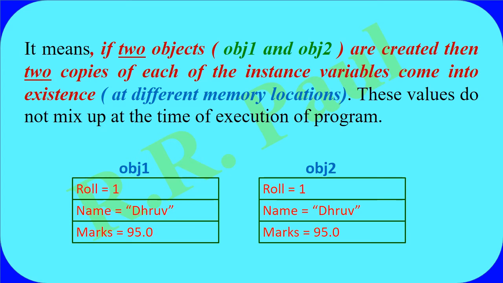When an object is created, then all the instance variables get attached with it. It means that if we have two objects, let's say obj1 and obj2, then two copies of each of the instance variables come into existence, and of course at different memory locations, so the values do not get mixed up.